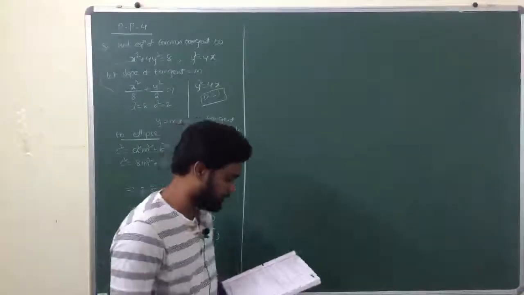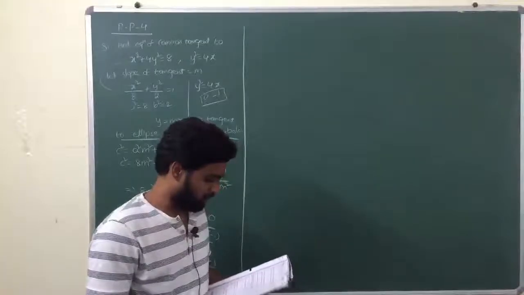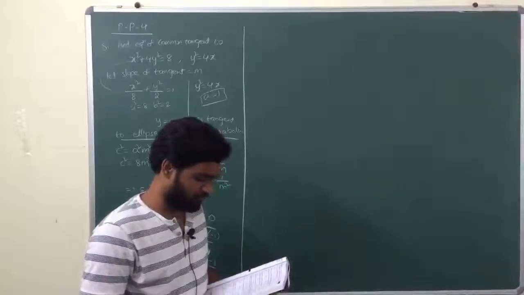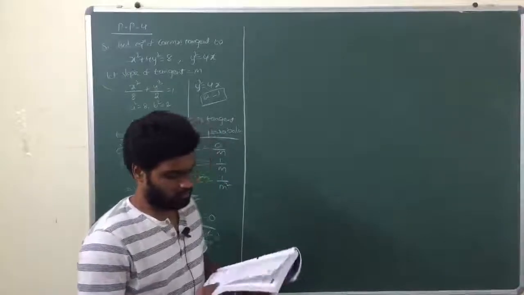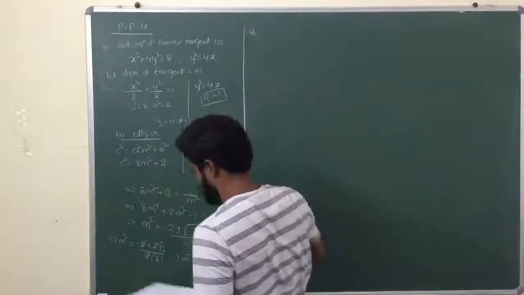Tangents are drawn to the ellipse from an arbitrary point on the line x plus y equal to 4, and the corresponding chord of contact will always pass through a fixed point whose coordinates are... 9th one.